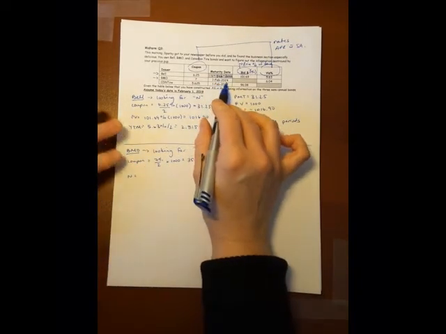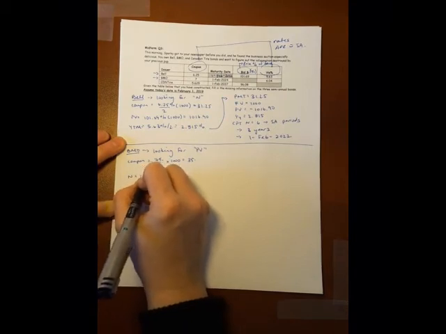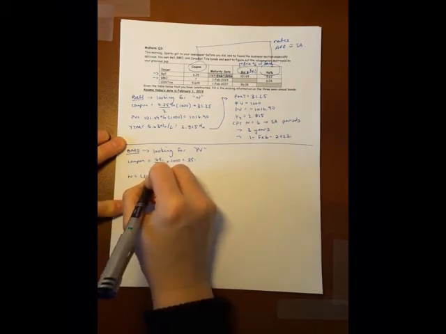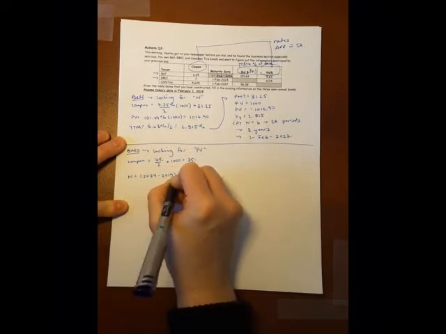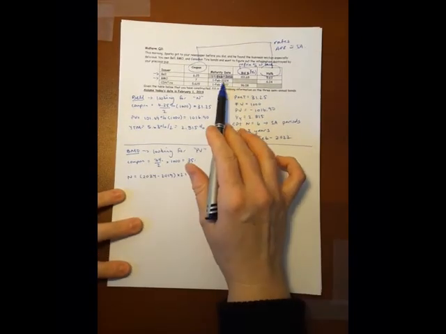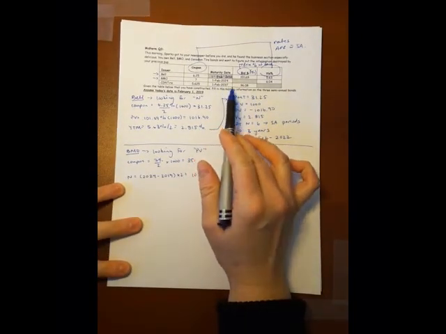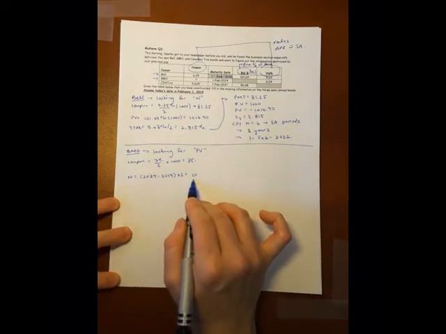Here we do have a date, so to move that into the number of periods we have left, we have the difference between 2024 and 2019, and let's move that into semi-annual periods. That's 2024 less the current year of 2019, times 2 for semi-annual periods, so we've got 10.